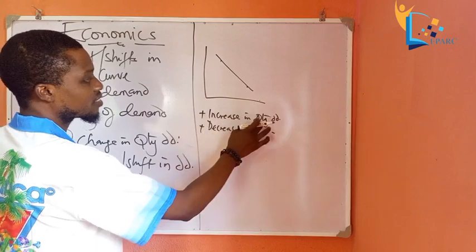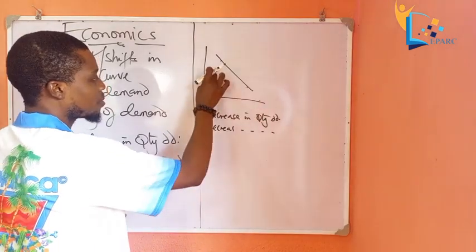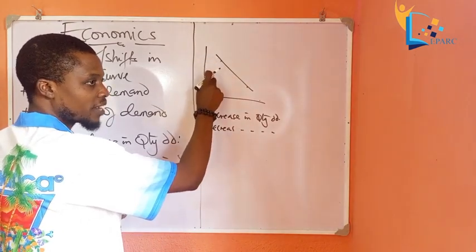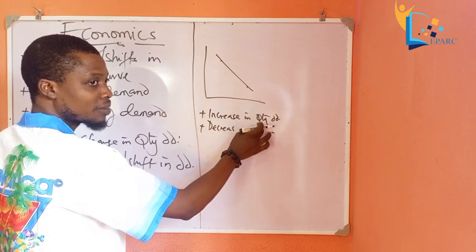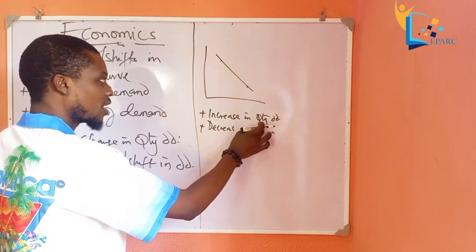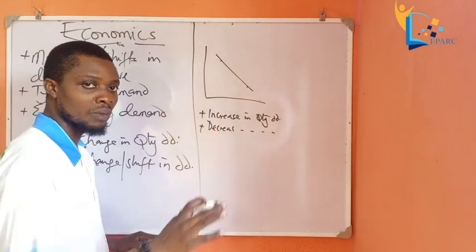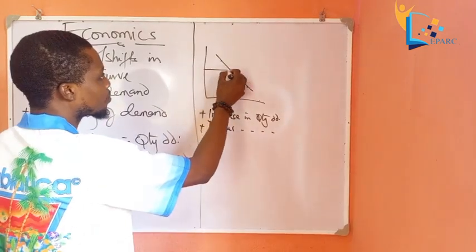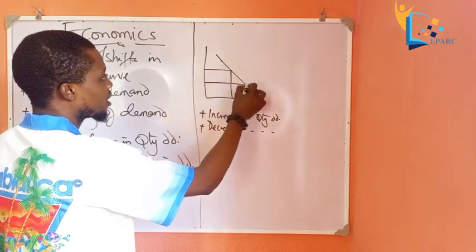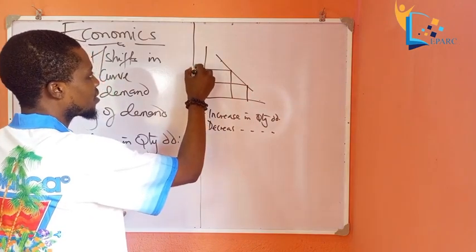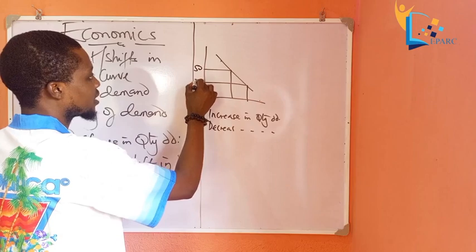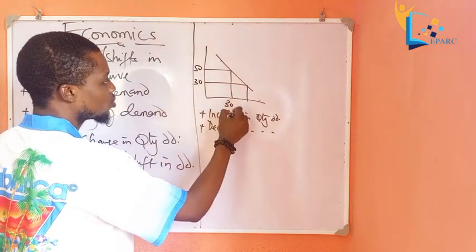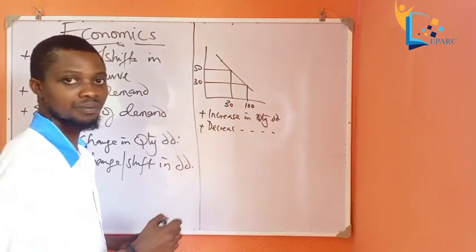Now, how does price influence this? Increase in quantity demanded has to do with a change in price. This is synonymous with the normal demand theory that we all know. When there is a decrease in price, let's say from 15 naira to 13 naira, for instance, quantity demanded will increase from 30 units to 100 units.